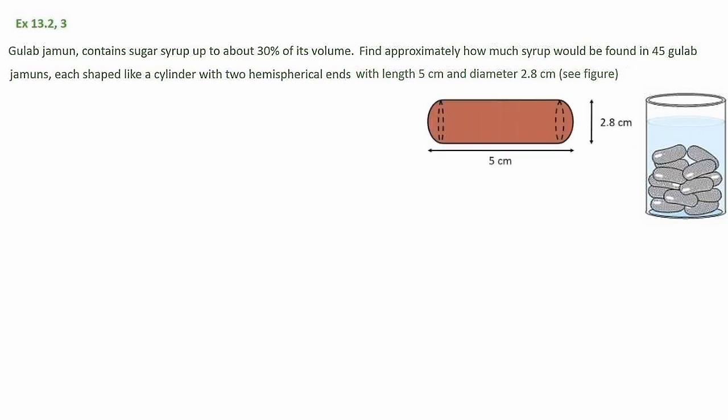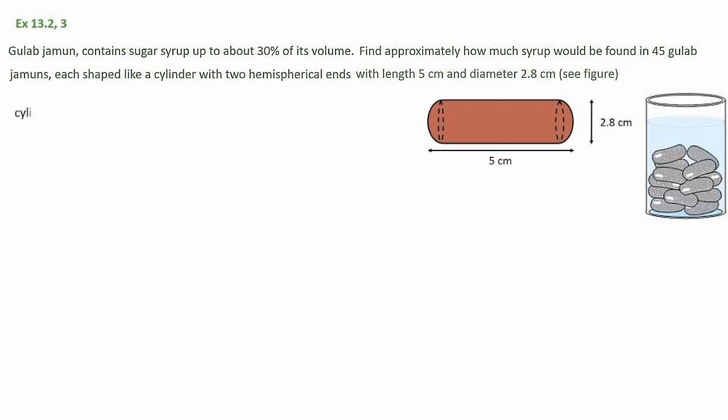Then each gulab jam's shape is given to us, that is a cylinder and two hemispheres at both the ends. And the length of the gulab jam is 5 cm, and the diameter, where there is a circular portion, is 2.8 cm.